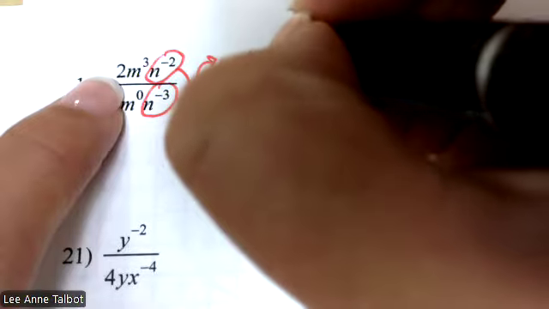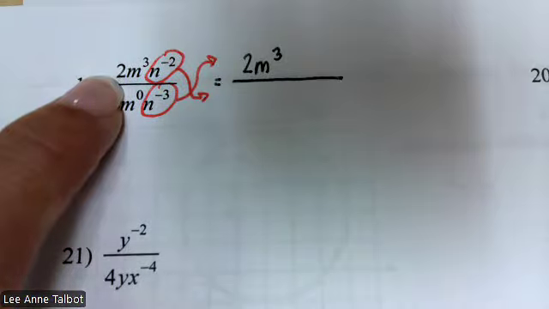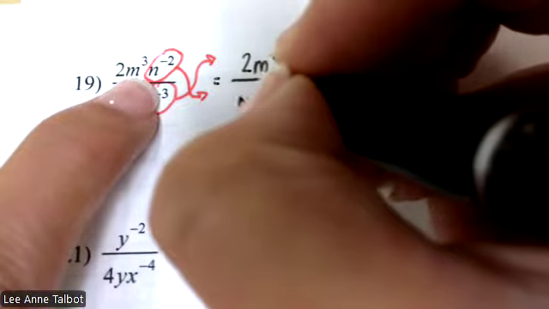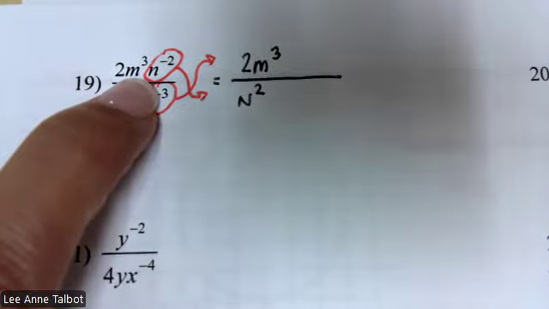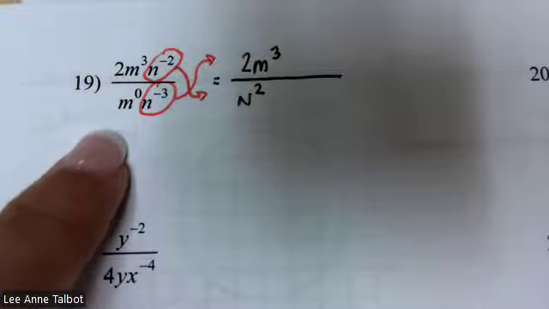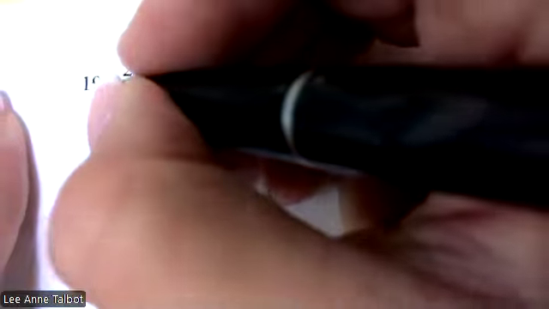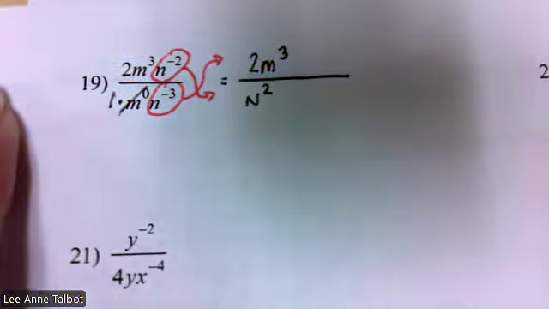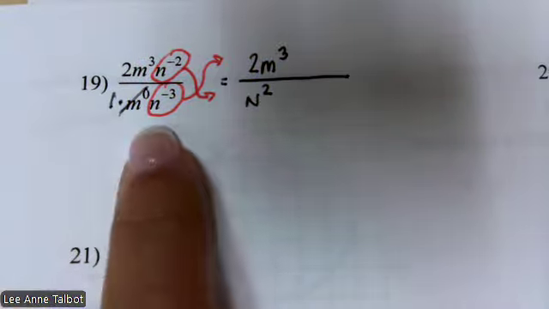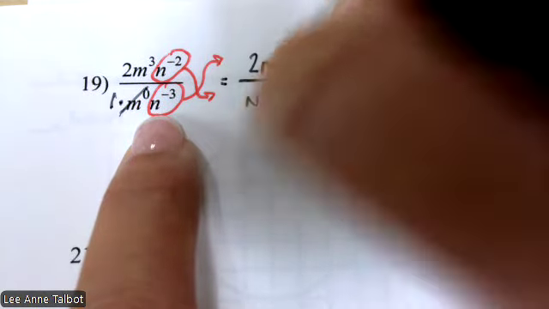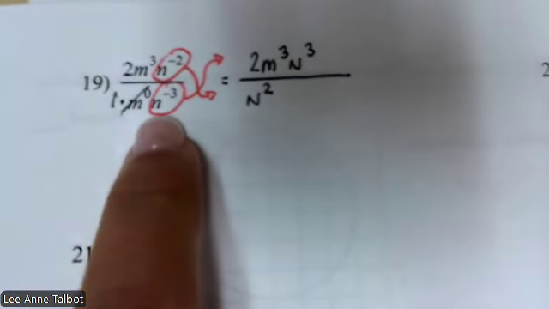Okay, so 2m to the 3rd stays on the top. n to the -2 goes to the bottom and becomes n to the +2. m to the 0 is 1, so I'm just going to cross that out and put 1 times. n to the -3 comes to the top and becomes n to the +3.